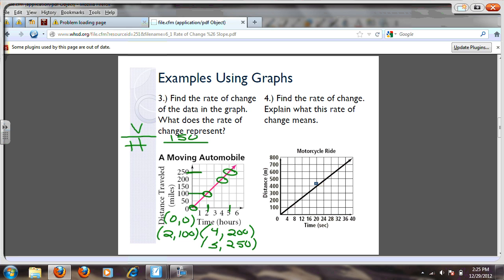We're subtracting those. And what is the horizontal change from 2 to 5? It's 3. So 150 over 3, I'm going to simplify that to 50 over 1. That means I'm going 50 miles, that's the label, per 1 hour, my horizontal change. Rate of change.